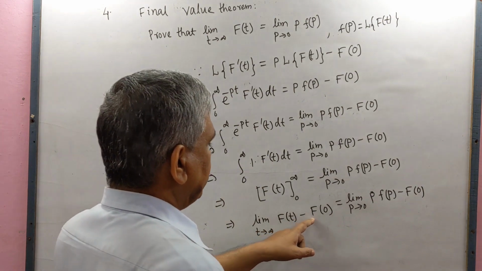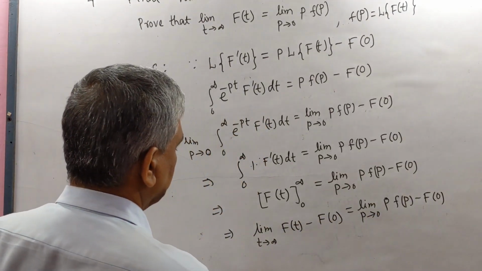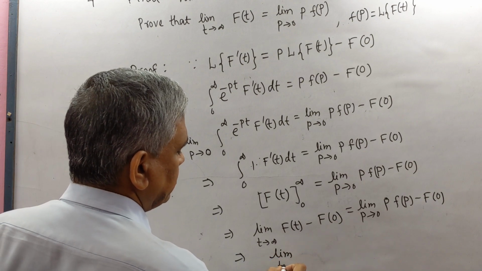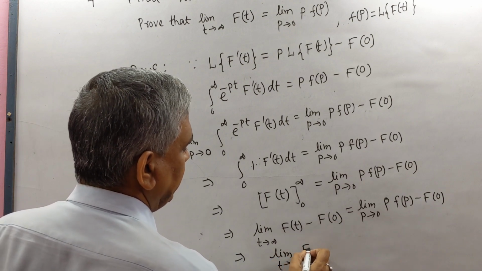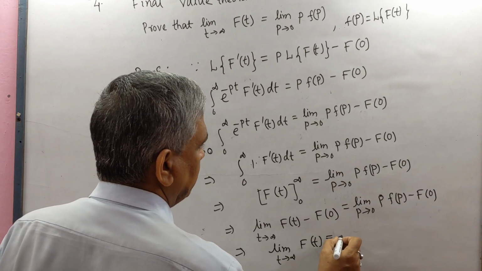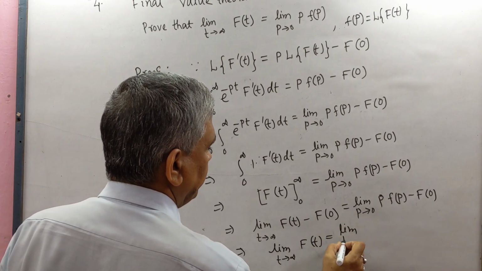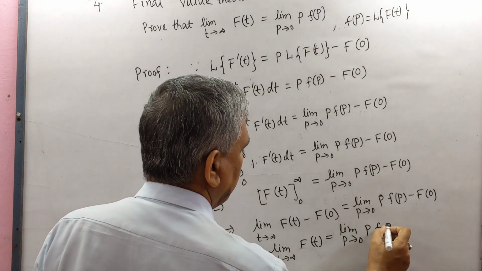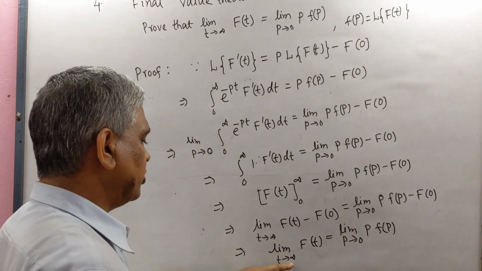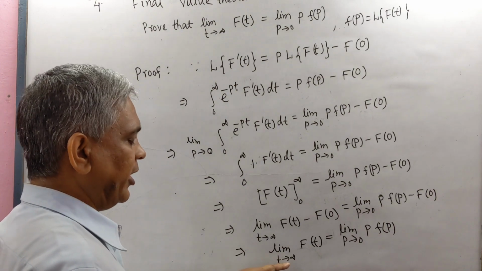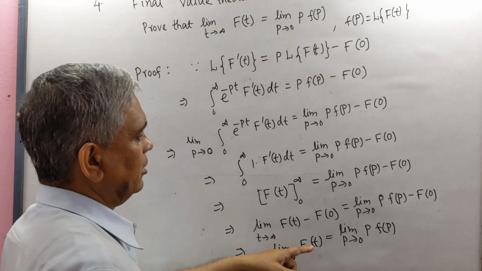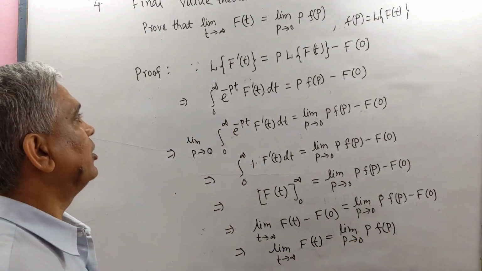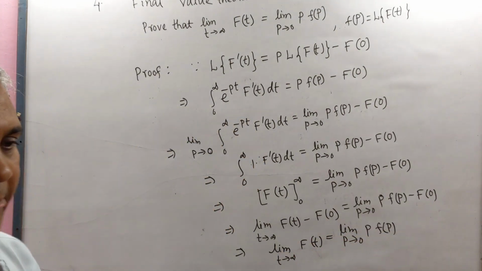Both sides, minus f(0) cancel, so we get limit t tends to infinity of f(t) equal to limit p tends to 0 of p f(p). As the value of t is infinity, it is said to be the final value of f(t). This is equal to limit p tends to 0 of p f(p). This is the final value theorem.